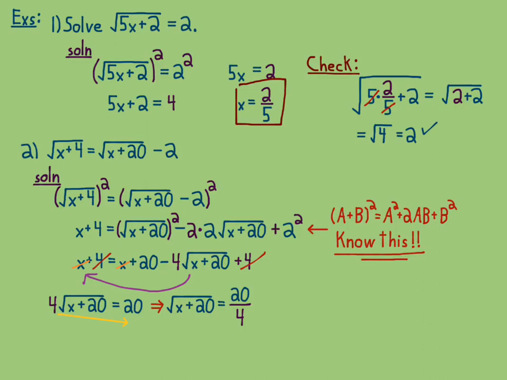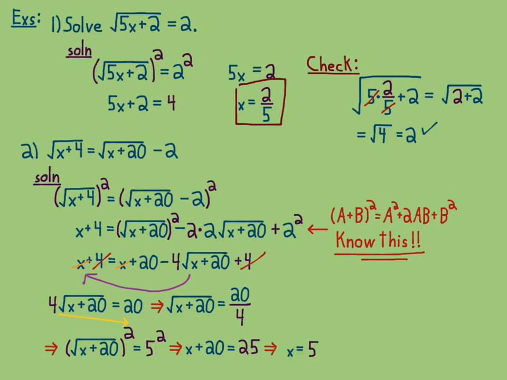Then you just cross multiply with the 4 and you get square root of x plus 20 equals 20 over 4. Remember, we're solving an equation. This is actually 5. So I square both sides, and I simplified the 20 over 4 to 5. Okay, and that'll be x plus 20 equals 25. Move the term 20 to the right side, it becomes minus 20, and you end up with x equals 5.